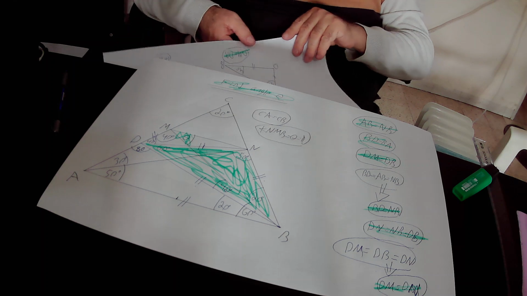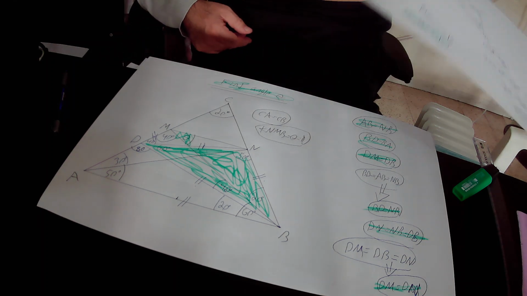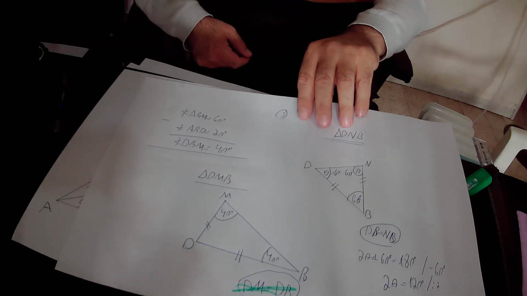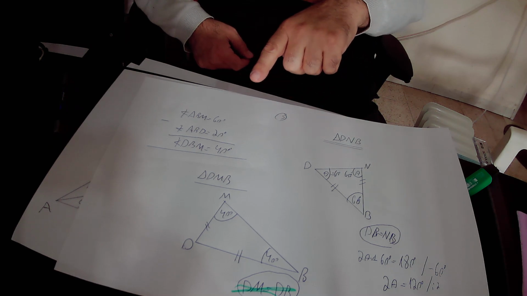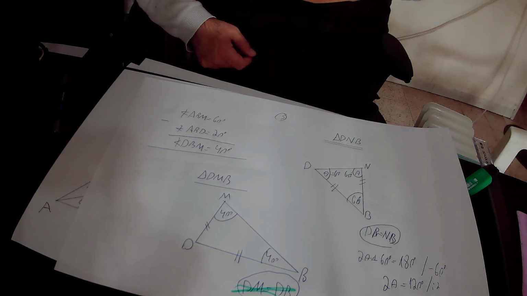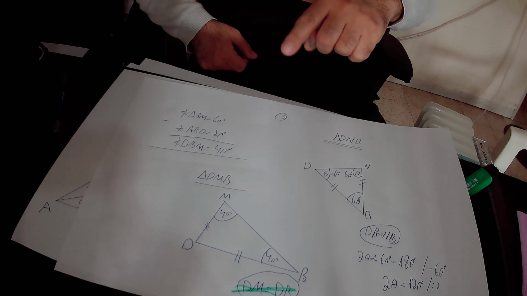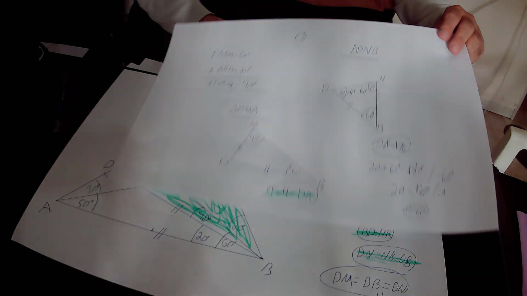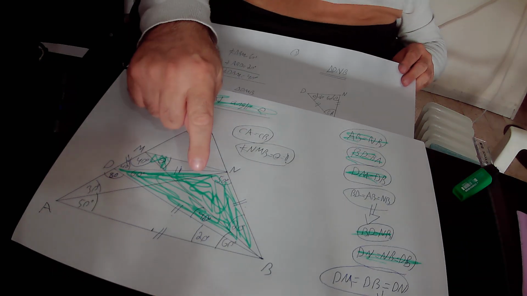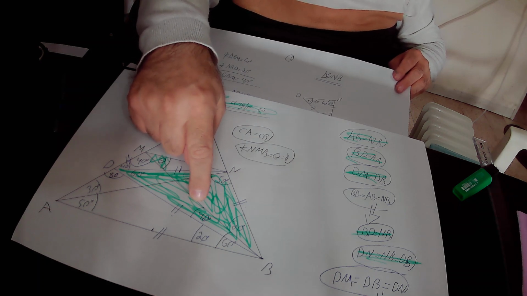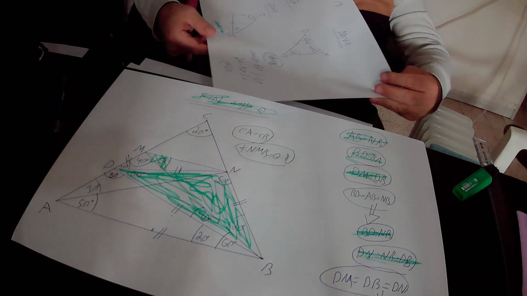Repeat again: the big angle ABM, which is equal to 60 degrees, minus the small angle ABD, which is equal to 20 degrees, must be equal to the missing angle DBM. So 60 minus 20 is 40. So the missing angle DBM is equal to 40 degrees in its size.